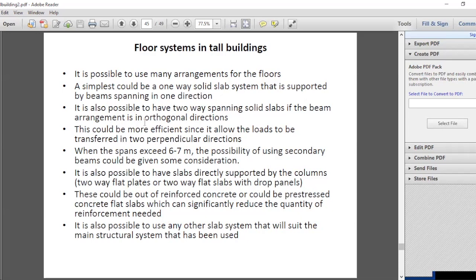When you have two way spanning, the loads are transferred in both directions, so it's structurally more efficient. The reason is, even in a one way slab, you have to provide crack controlling reinforcement in the other direction, but we are not making use of that reinforcement for structural carrying capacity. So one way slabs are not very efficient, but two way slabs are more efficient.